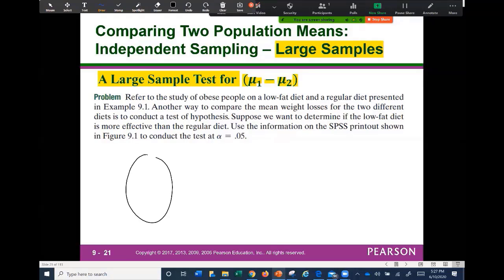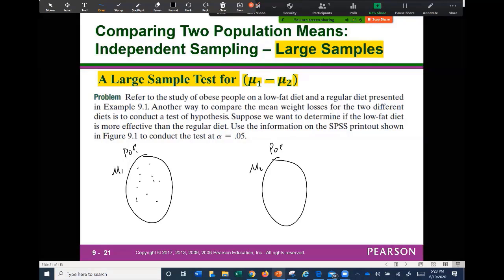Suppose this is the population of all obese people under the new diet, the low-fat diet, and this is all obese people under a regular diet, but they are taking the same amount of food. For each person, over 3 weeks, we measure the amount of weight that they lose, and the average of all these losses will be mu1, and the average of all weight losses in the regular diet will be mu2.